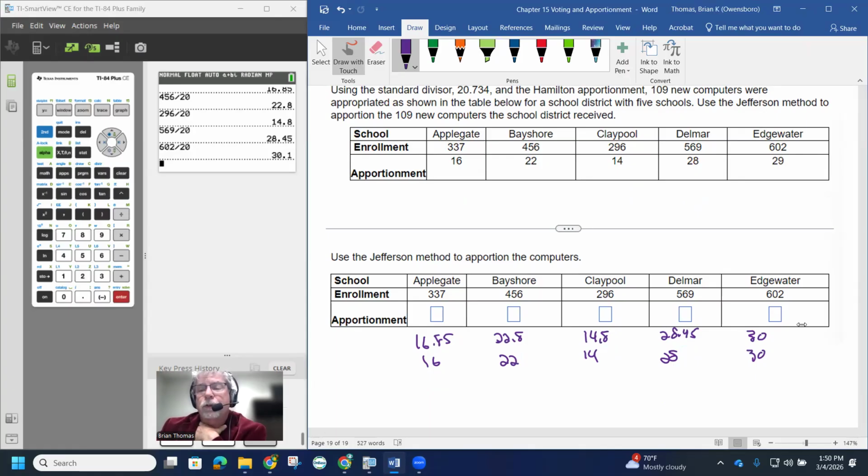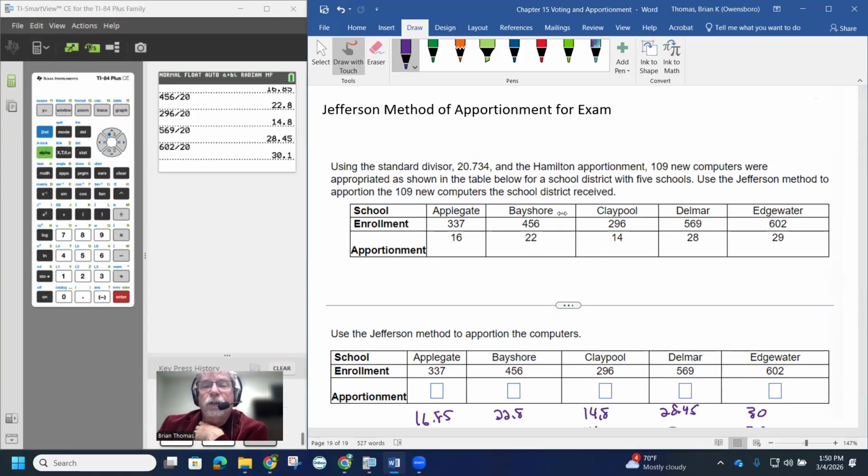Does Edgewater gain or lose? Right now, it's actually ahead of where it was in the Hamilton. I think I saw that Jefferson usually favors the bigger groups. The ones on the smaller end are the ones that didn't fare as well.